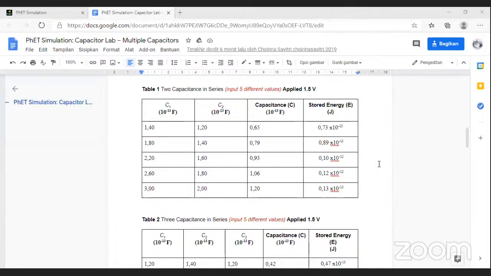Capacitance 1 is 1.40 times 10 to the power of minus 13, capacitance 2 is 1.20 times 10 to the power of minus 13, and the total capacitance is 0.65 times 10 to the power of minus 13 farad. So the stored energy is 0.73 times 10 to the power of minus 13 joule.